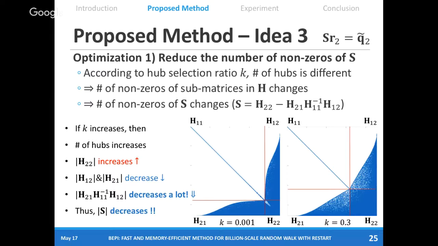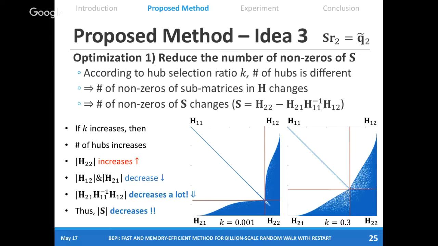This implies that the number of non-zeros of S changes, because the Schur complement is computed by this combination of these submatrices. More specifically, if we increase the hub selection ratio k, then the number of hubs increases like this.